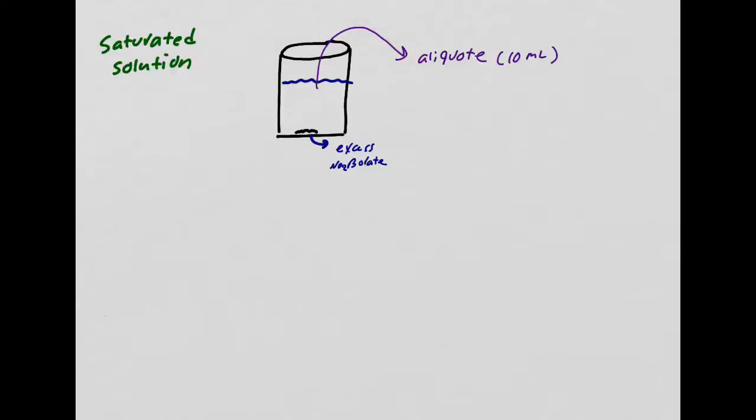Now, why is it okay to only take 10 ml and analyze it? It's okay because, remember, if you take 10 ml of it, it's going to have the same concentration as the entire solution, because when things dissolve in water, they dissolve uniformly. One example I used to use in my Chem 38 class all the time is 2% milk.